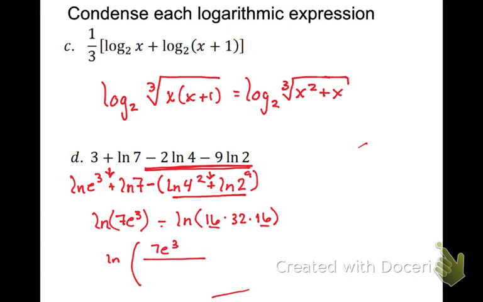Isn't 16 squared 256? Yes? Sure. Wait, how did you get two 16s in there? Because 2 to the 9th, we split it up into 2 to the 5th and 2 to the 4th. Oh. We could have kept going. So like 2 to the 6th is 64. We could have kept multiplying it, but I'm pretty sure 16 squared is 256.